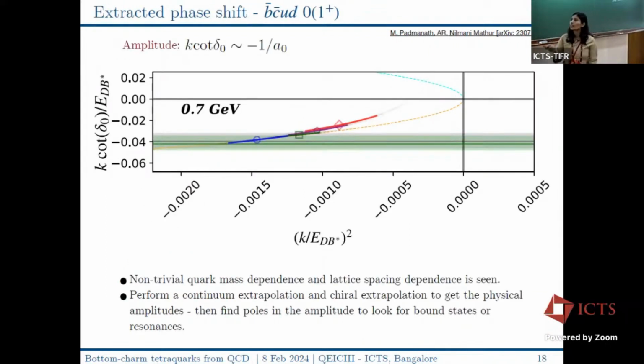So here on the y-axis, what I've plotted is k cotangent delta, where delta is the phase shift. So this is basically related to the amplitude in terms of the phase shift. And on the x-axis, I've plotted the center-of-momentum energy squared, normalized.